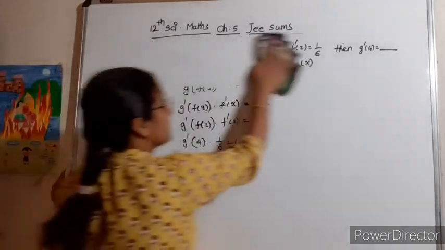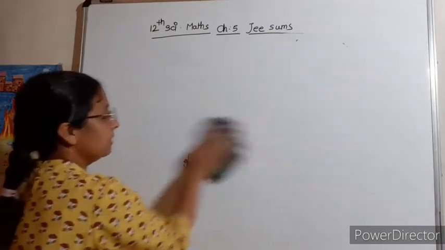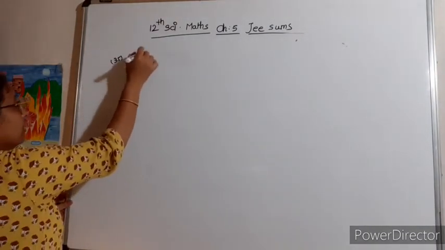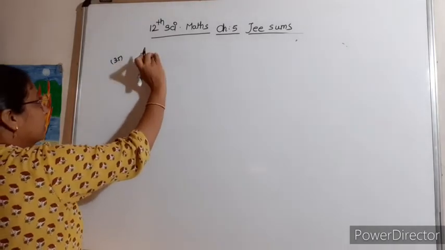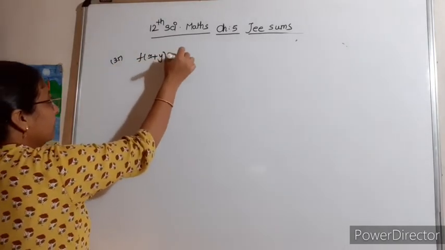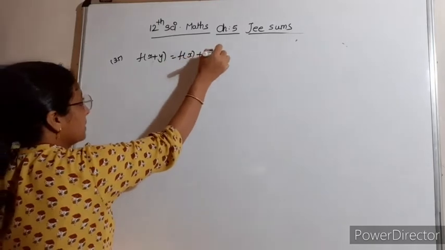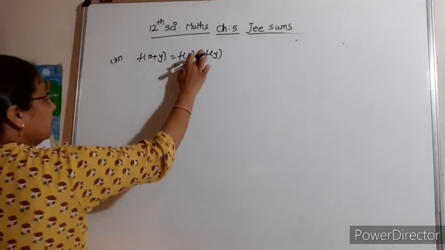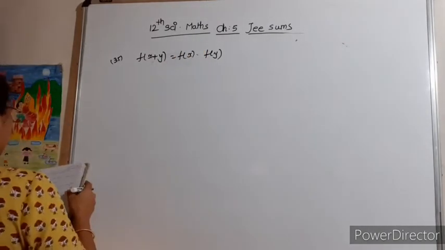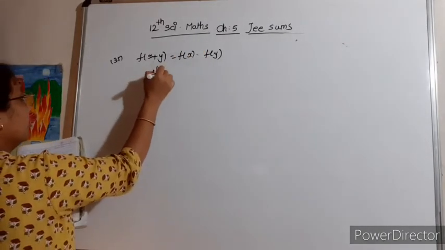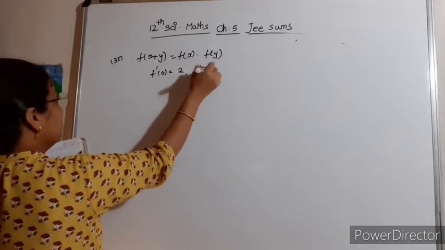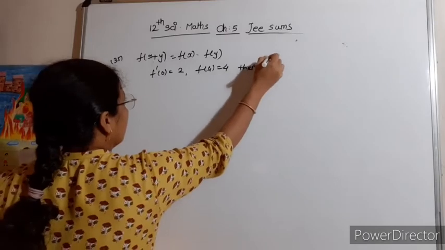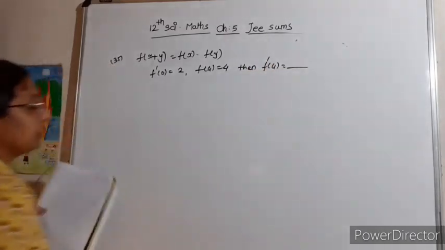Okay. Then we'll go to the next sum, that is question number 35. Is it again the same that we have done one time? f of x plus y is equal to fx into fy, then f dash 0 is 2, f of 4 is 4, then f dash 4 is equal to what?